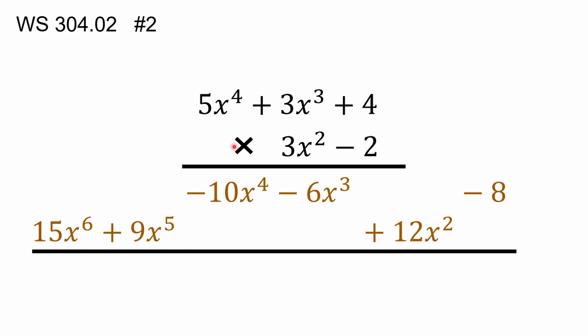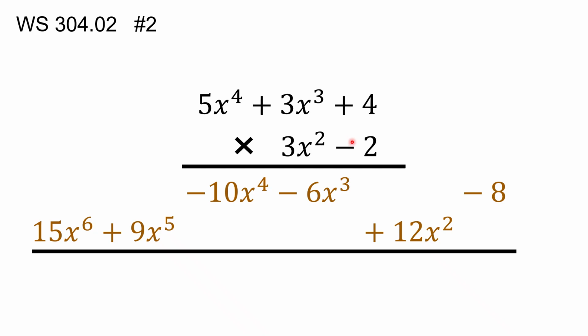We're multiplying this first polynomial by 3x to the second minus 2. Again, there are some missing terms here. In other words, it goes from 3x to the second to the number. The missing terms would have been something with the x. No matter, we're going to go ahead and multiply.